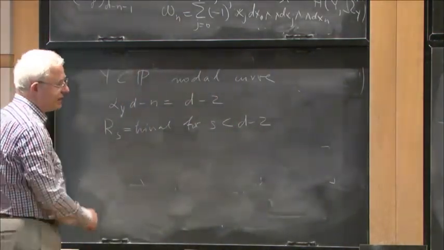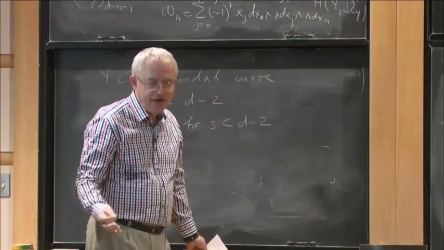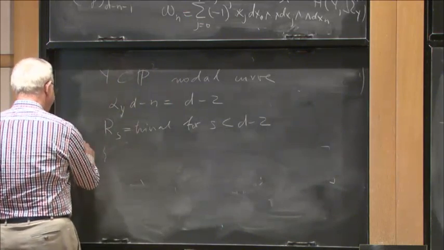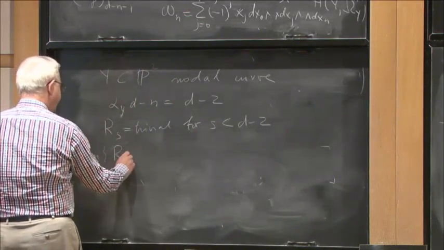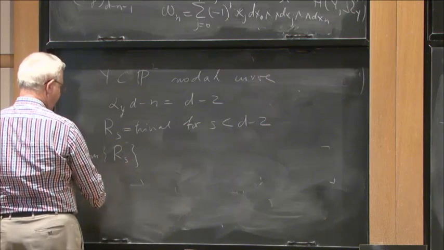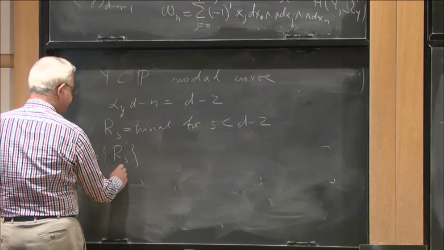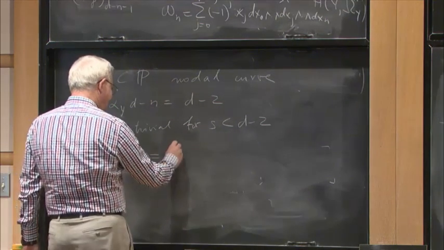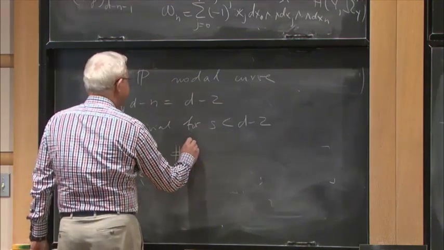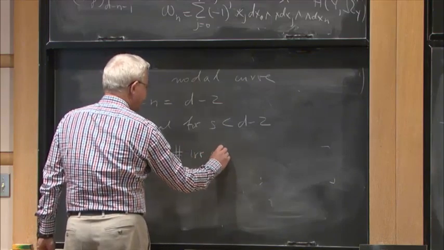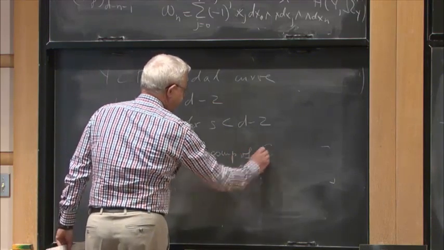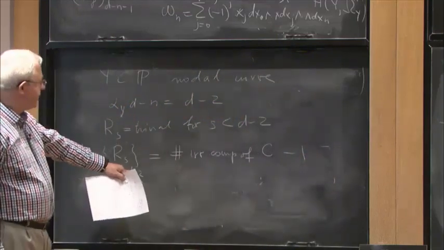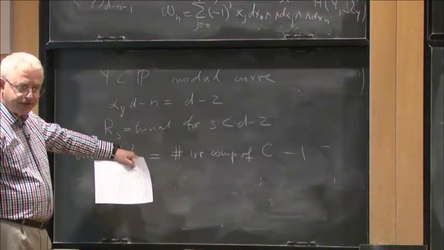And maybe in this classical case, the result was already known. I think so. But now if I look at the dimension of the relations of degree d minus 2, this is exactly the number of irreducible components of C minus 1. And you see that for d minus 2, we can get non-trivial relations.